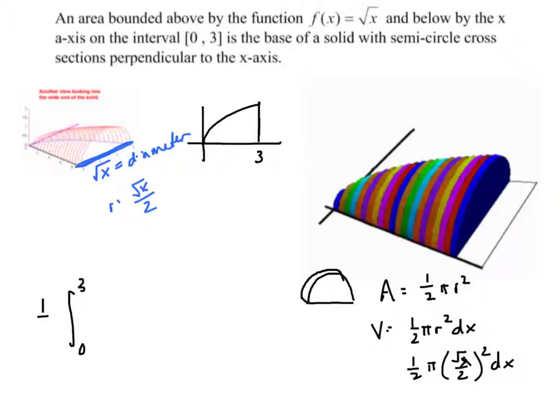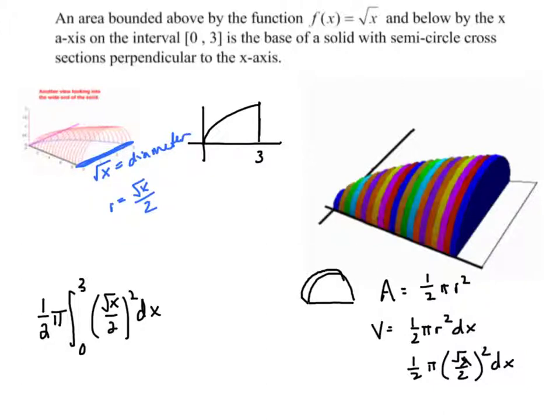I would put the 1/2 pi out front. They're constant multipliers. And then I would just have the square root of x over 2 squared dx. Now, one of the most common mistakes in this is people say, I don't understand why I had to divide by 2 twice, and maybe I shouldn't have. You're absolutely right, we are dividing by 2 twice in this problem.